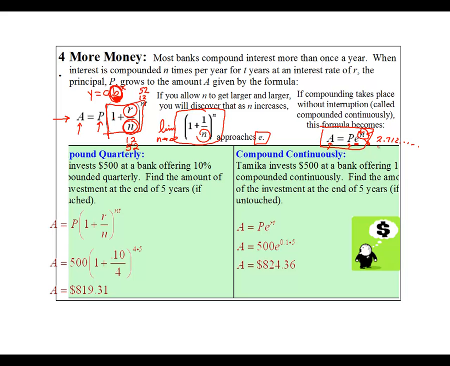Sometimes this RT is talked about as KT, where K is your rate, but it's the same whether you use R or K. So the difference is, is something compounded continuously? If it is, then we use this formula here. And so if you're investing $500 at 10%, so 0.10, for 5 years, then you would use this formula to figure out how much you make.